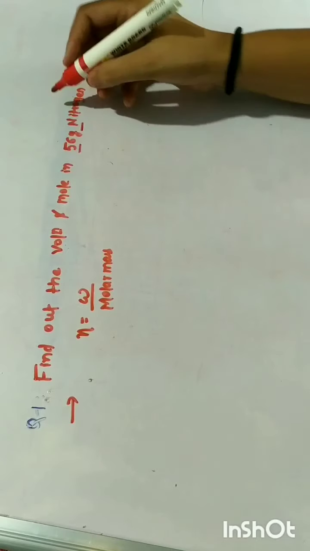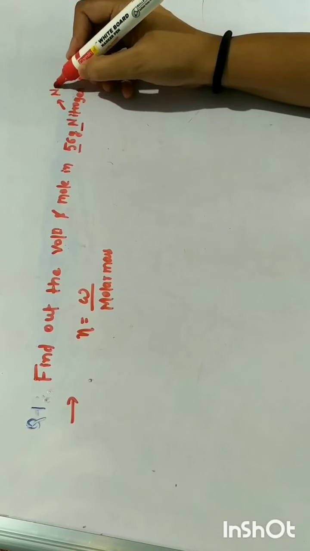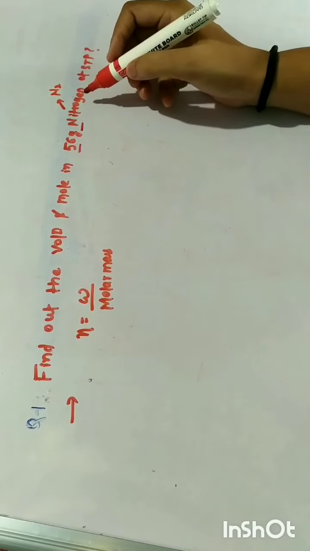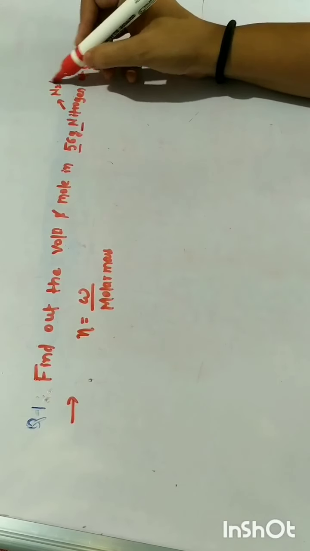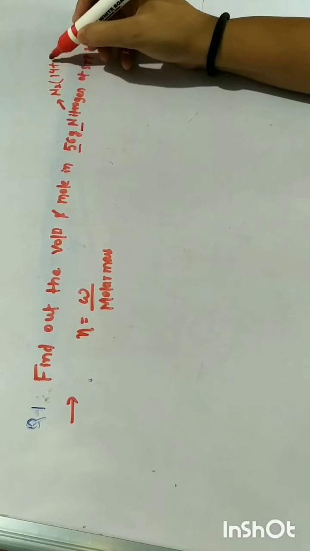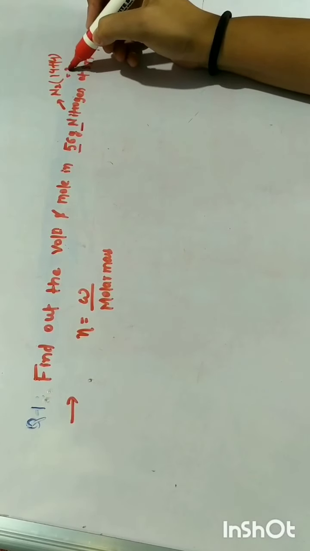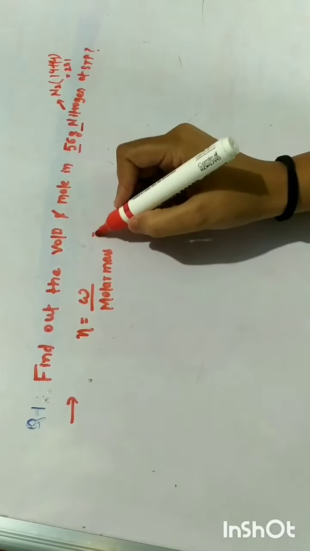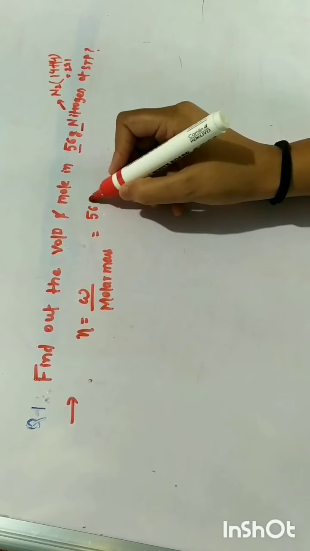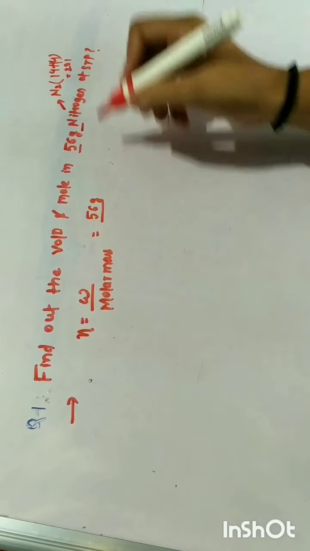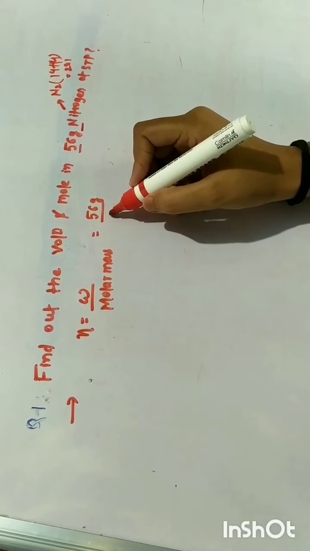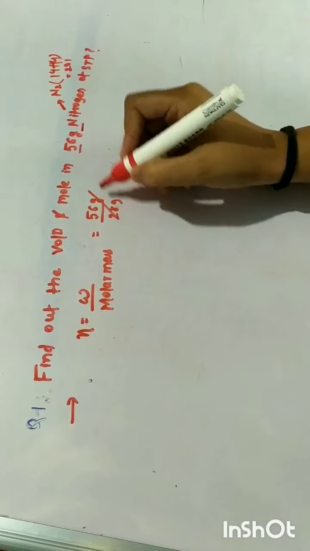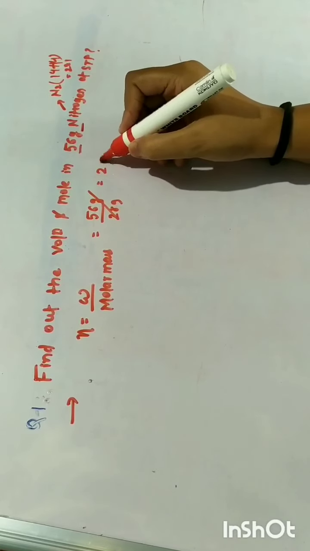Since nitrogen exists as N2, we will calculate the mass of N2, not just N. So mass of N2 is 14 plus 14, that is 28 gram. Weight is given as 56 gram, and the molar mass of nitrogen is 28 gram. So we will get 2 mole.